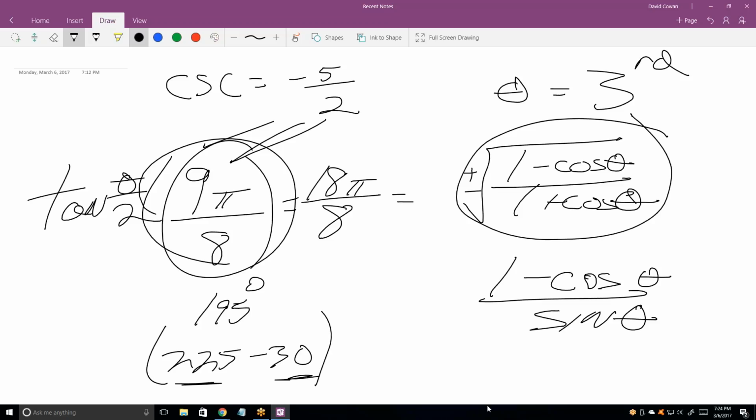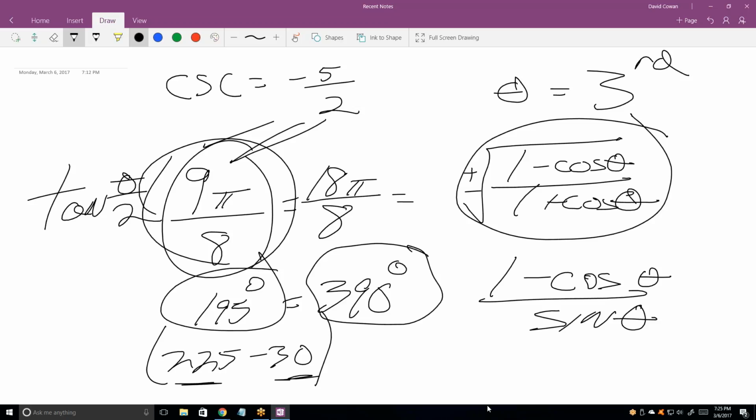But if I can see that taking half of that doesn't do any good, but if I double it, I get 390, and that is a common angle. That's 30. So I could solve the 195 degree angle by 2 different methods. I could do it by sum and difference, or I could do it by the half angle.